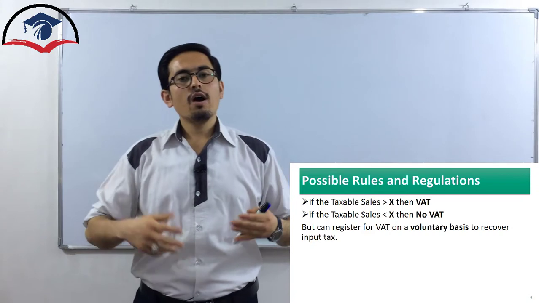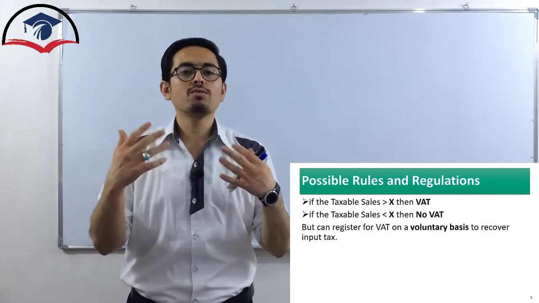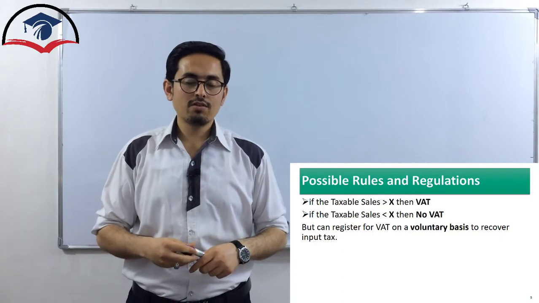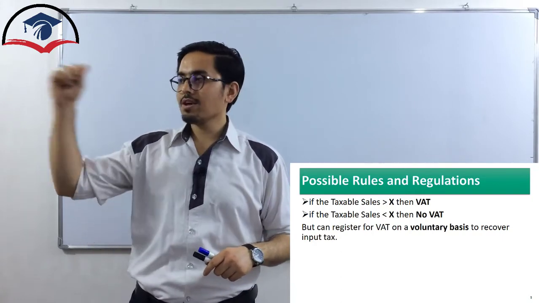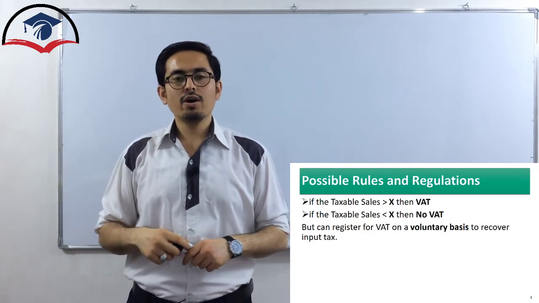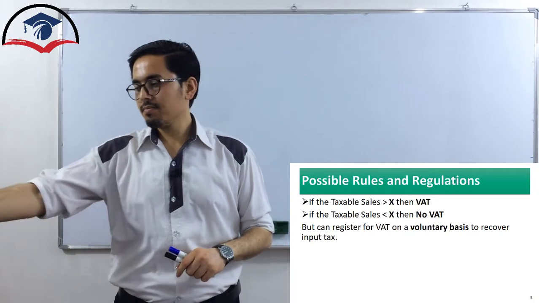However, there is voluntary registration, where some companies, for their own reasons, can register themselves. One of the reasons can be to recover the input tax they have paid. They can go and register themselves to recover that VAT.